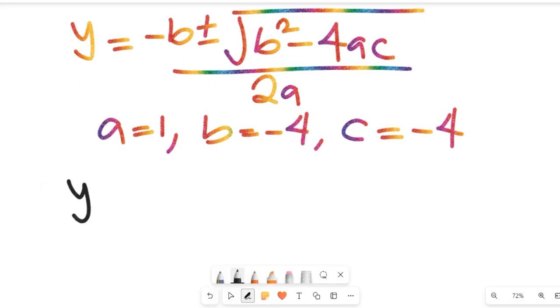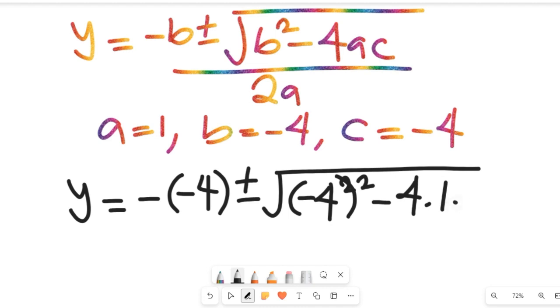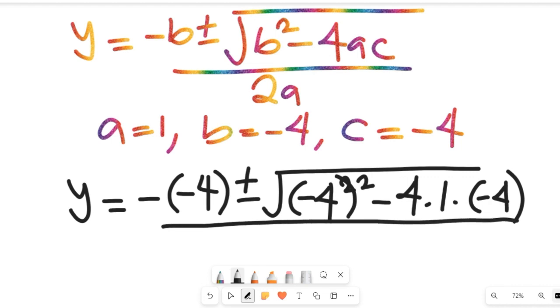So our y will be equal to negative bracket negative 4, right, plus or minus the square root of negative 4 squared minus 4 multiplied by 1 multiplied by negative 4, and this will be divided by 2 multiplied by 1.